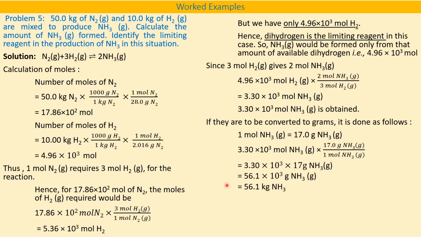Simplifying, we get 3.30 × 10^3 × 17 grams NH3.